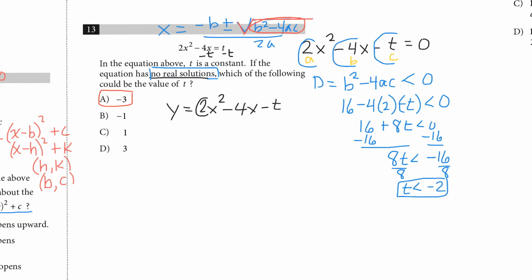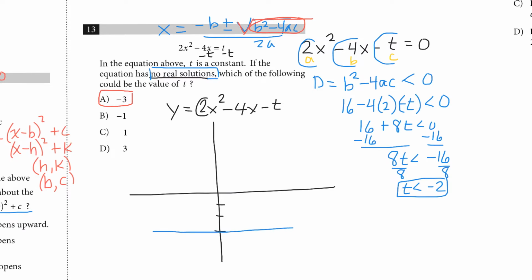Which of the following could be a value of t? So what we're going to do is graph this. It opens up. Now, t is a constant. So if we have y equals negative 3, it's going to look something like down here.